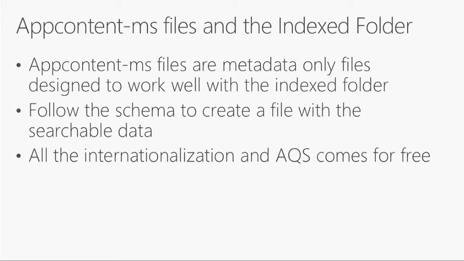What it does is it allows you to be flexible in your schema. It's not quite as flexible as the content indexer, mind you, but a little bit more flexibility than an MP3 or WMA file will provide for you. And it allows you to write out this file with some metadata, search it using the indexer, and return great results back to your users quickly.